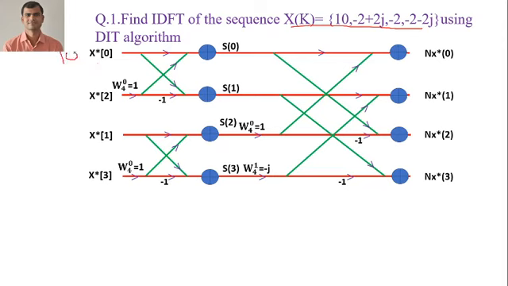The value of x conjugate of 2 is minus 2, and the value of x conjugate of 1 is minus 2 minus 2j. The value of x conjugate of 3 is minus 2 plus 2j. So this is the answer we will be getting.